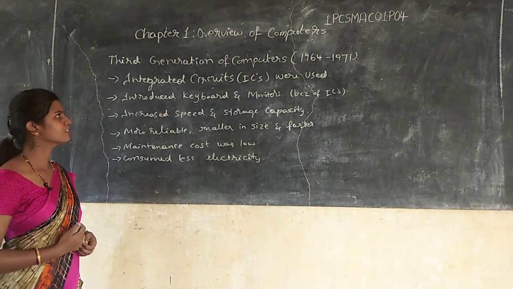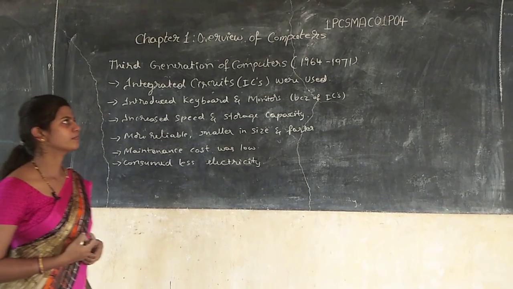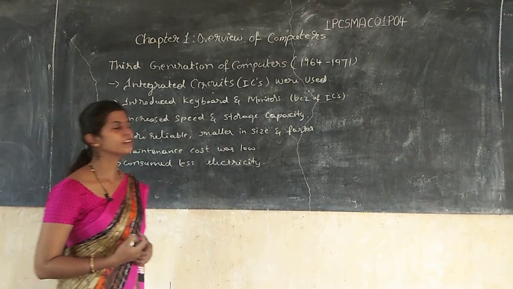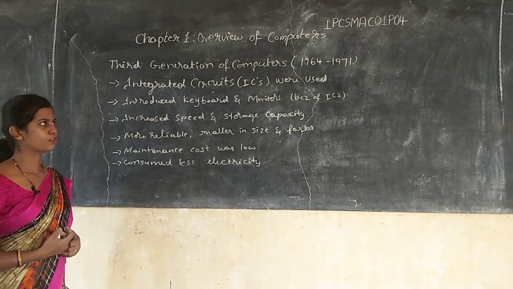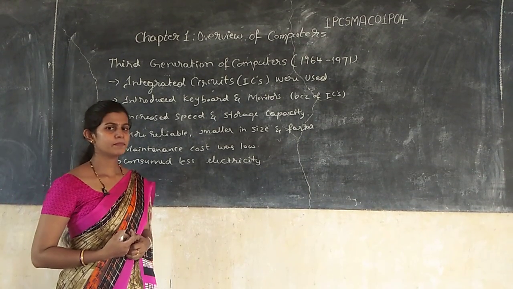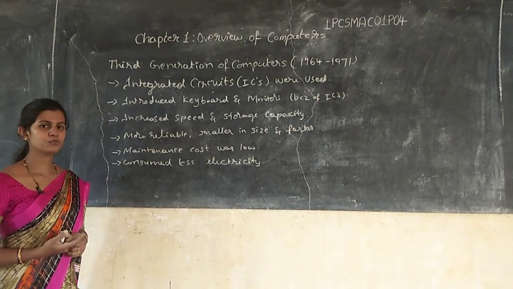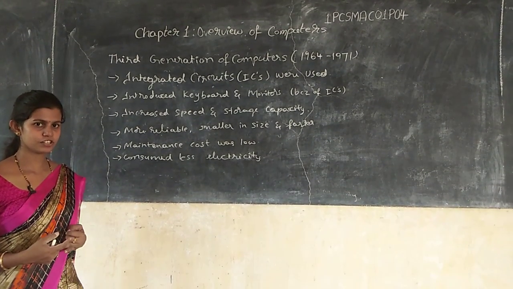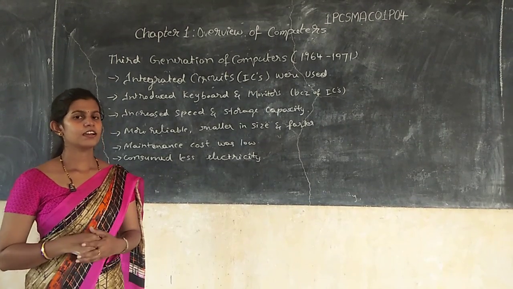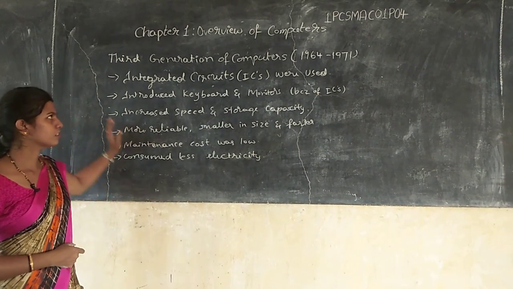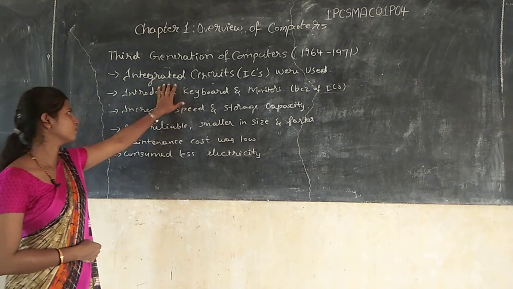Next one is the third generation of computers. Third generation of computers were developed from the year 1964 to 1971, and here they have used integrated circuits or ICs as the main basic component. In first generation computers they used vacuum tubes, in second generation they replaced vacuum tubes with transistors, and coming to third generation they used integrated circuits.